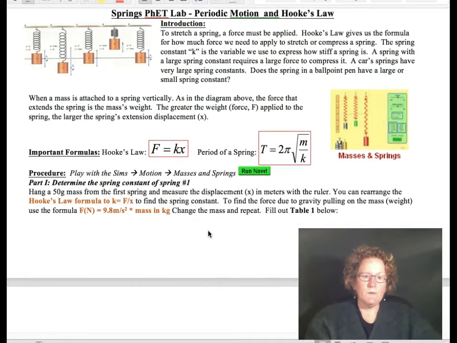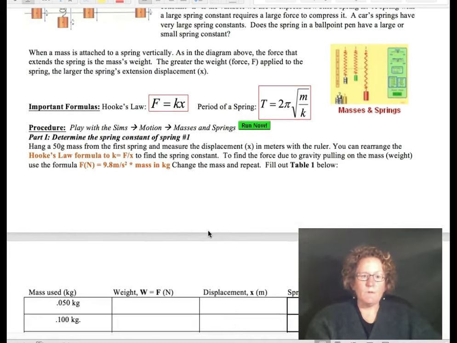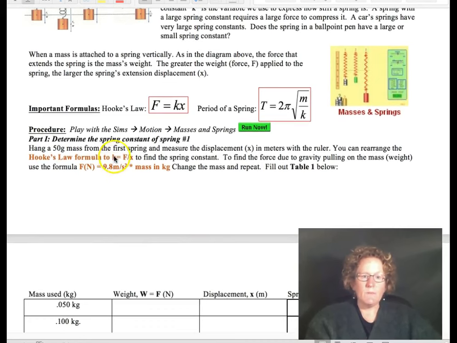We're going to use Hooke's law and rearrange it a little bit so that we have the spring constant on the left-hand side, and we basically divide both sides by x, a little algebraic rearrangement. And so the formula now is K, the spring constant, is equal to the force divided by the displacement, or how much that spring stretches. And we'll measure that with the ruler.